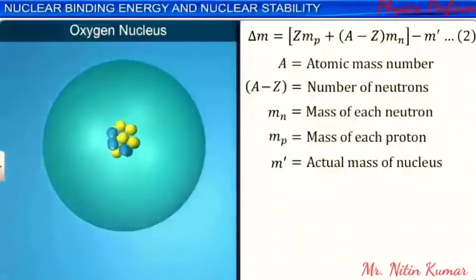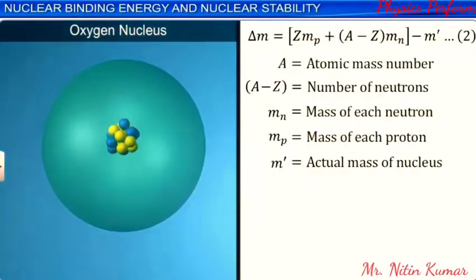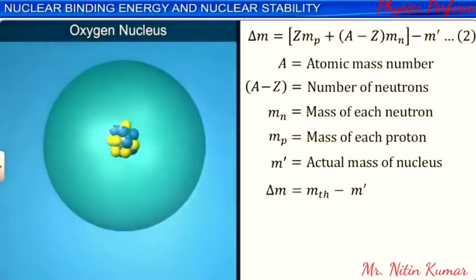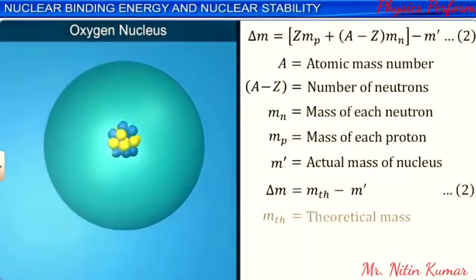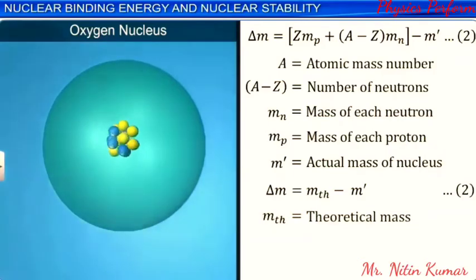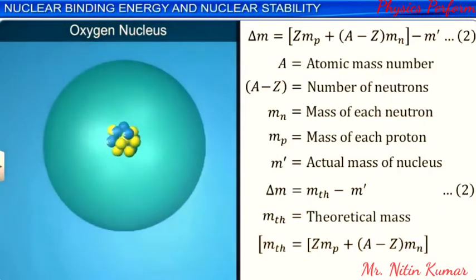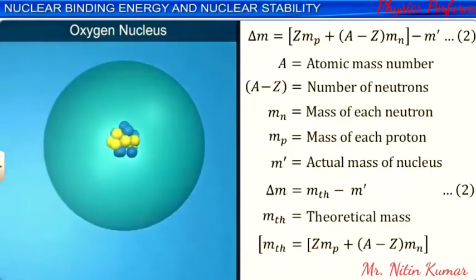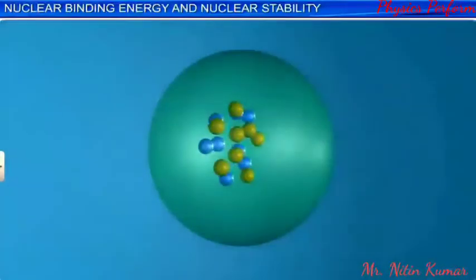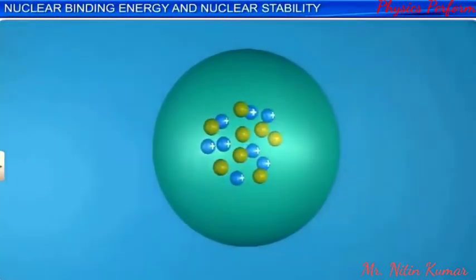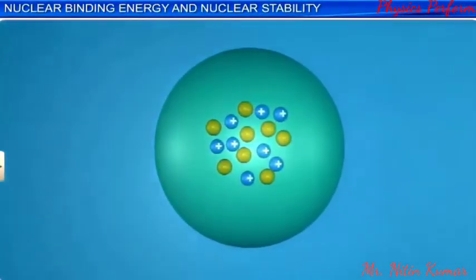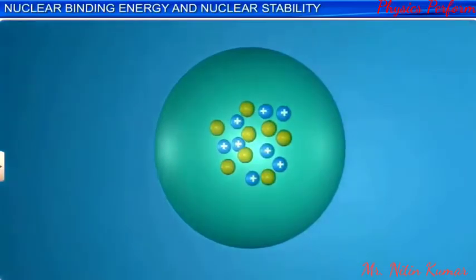Equation 2 can also be written as m_th minus m dash, where m_th is the theoretical mass of the nucleus, which is equal to Z × Mp plus (A minus Z) × Mn. Since the mass of the nucleus is less than the sum of the masses of its constituents, there exists a mass defect.